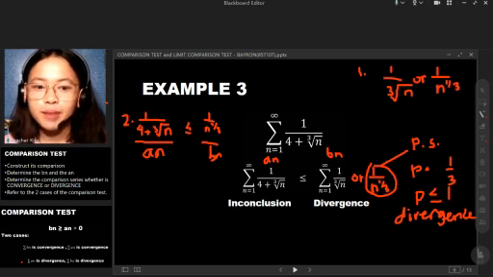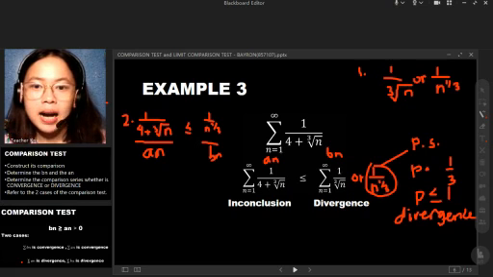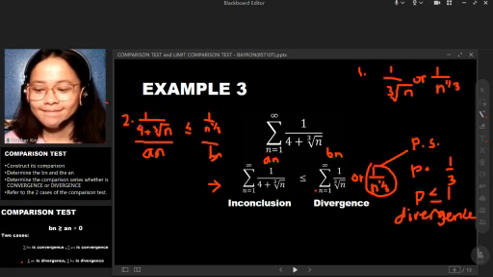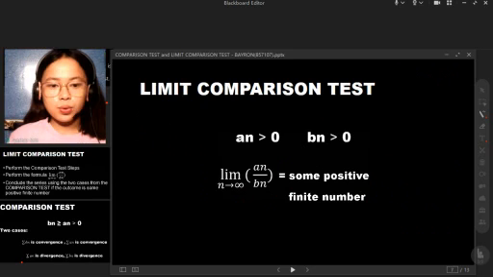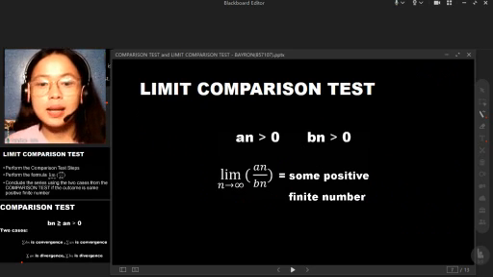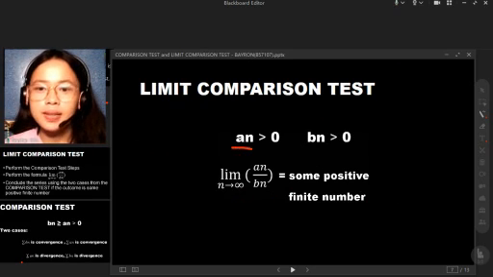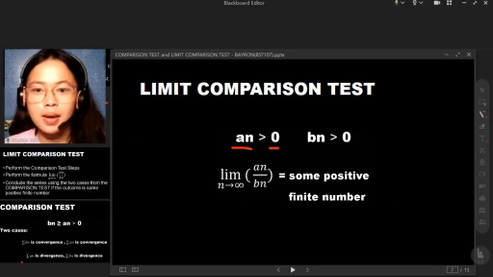So maybe we can have the limit comparison test. Now we're going to have the limit comparison test. Consider that the small sequence is greater than 0 and the big sequence is greater than 0.